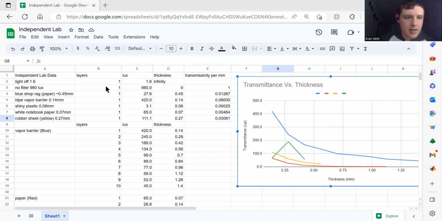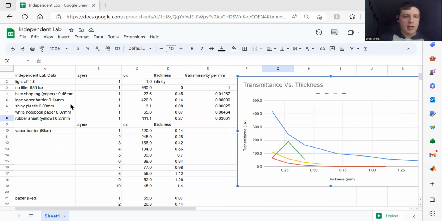So taking a look at the data here, I got samples of blue shop rag, paper towel, this low density polyethylene vapor barrier. So that is basically a plastic bag that is used to wrap buildings to keep moisture from getting in or out. I had a piece of shiny plastic.